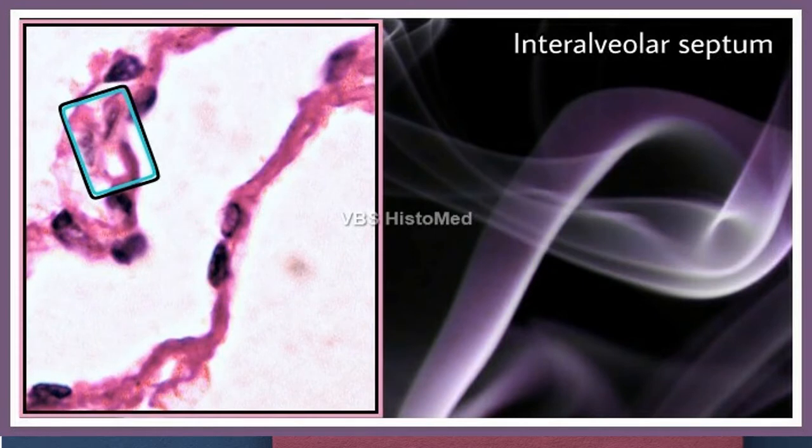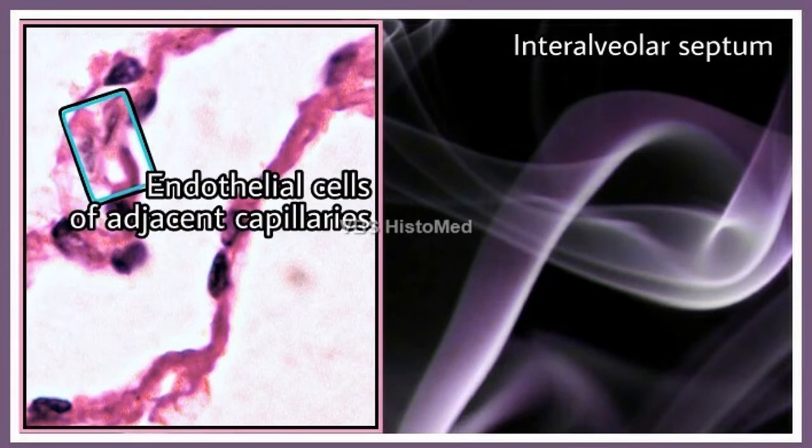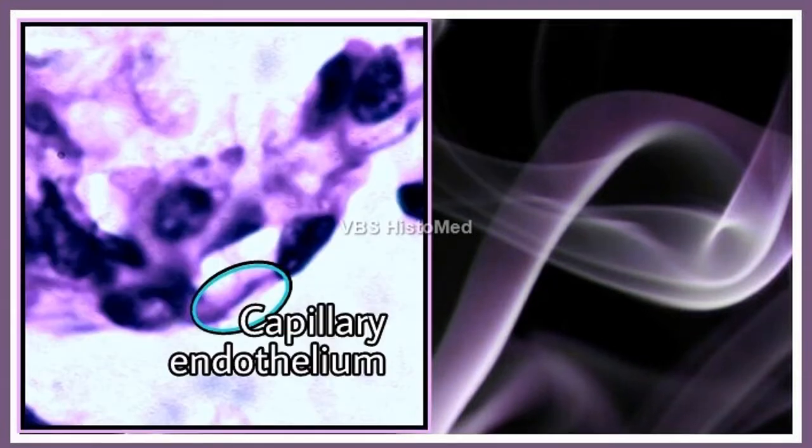Next, we will look at a few more details of the interalveolar septum in terms of cell types. You see, that's the endothelial cell of one of the adjacent capillaries. Yet another example of capillary endothelium. The endothelium is also very, very thin, and as already mentioned, its basement membrane is fused with the adjacent basement membrane of the type 1 alveolar cell or the type 1 pneumocyte.